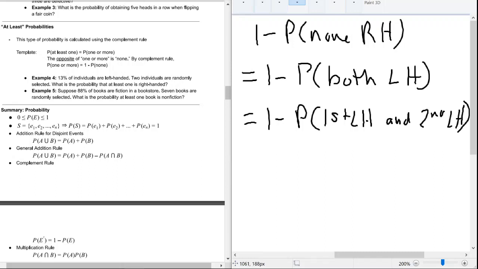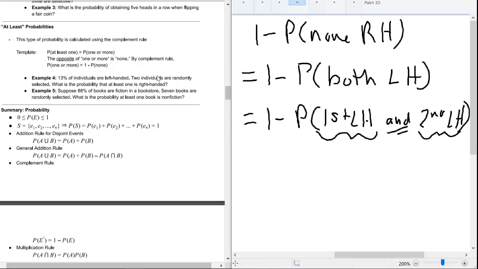And notice, what did we introduce in this step here? We introduced a keyword, the keyword being and. We have a formula for and if these two events are independent. So going back to the problem, okay, two individuals were selected at random. So does one person being left-handed have anything to do with the other individual being left-handed?